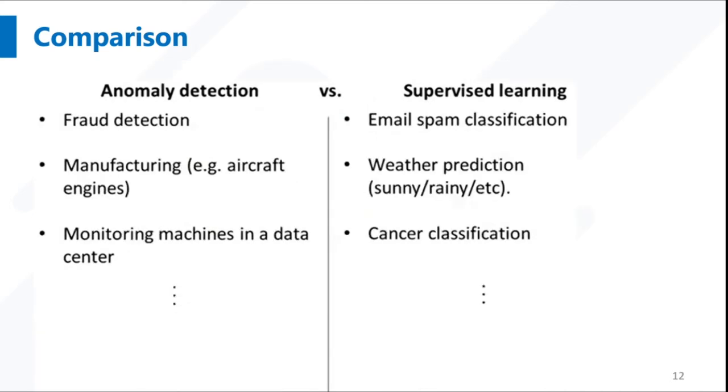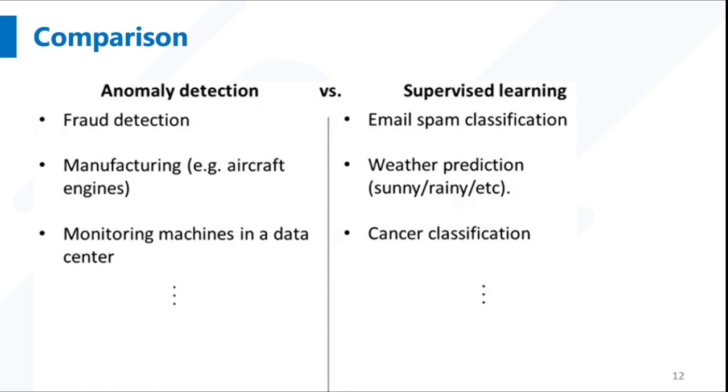Let us see example cases where the application is made. For example, in anomaly detection, fraud detection is one of the examples. Normally, the fraud cases are very few, and normal users are not involved in fraud. So if the number of fraud cases is small, then you can put it in anomaly detection.